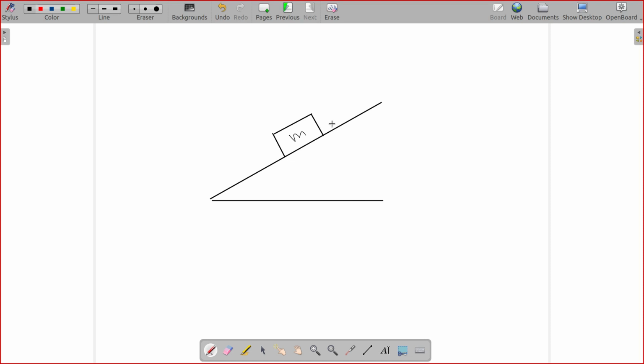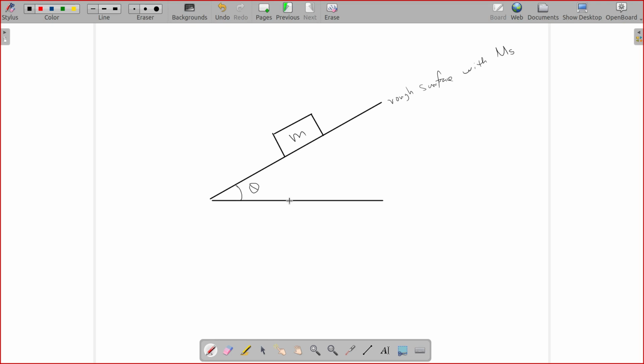Let's say you have a mass m which you keep on a rough surface. So this is a rough surface with coefficient of static friction value as mu s. Alright, and m is the mass of the object, and this angle is theta.